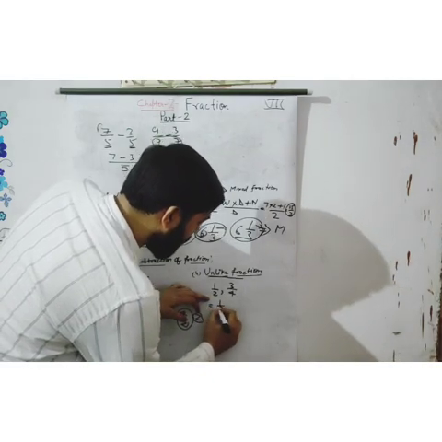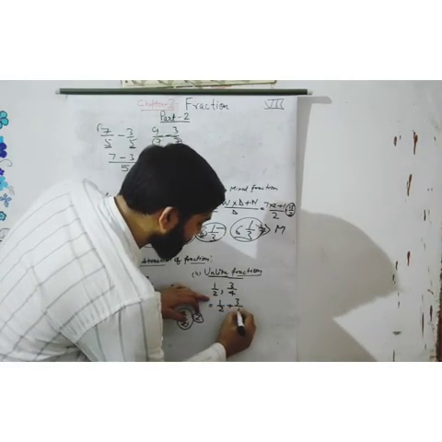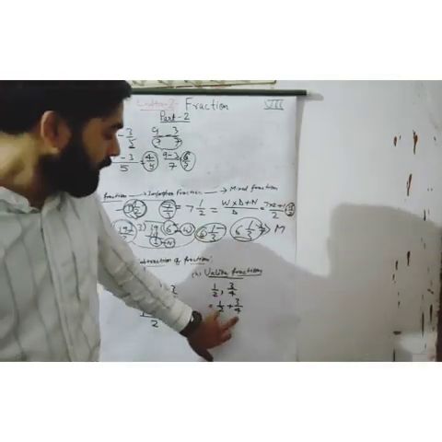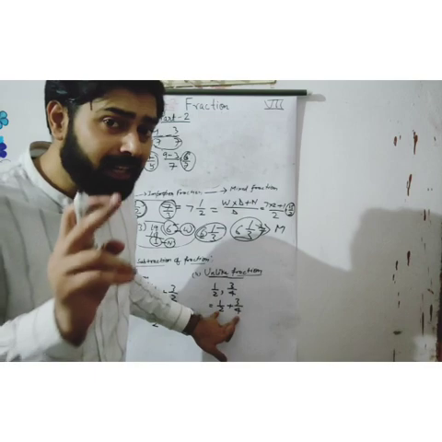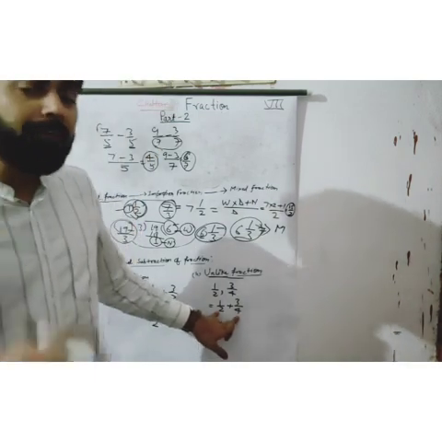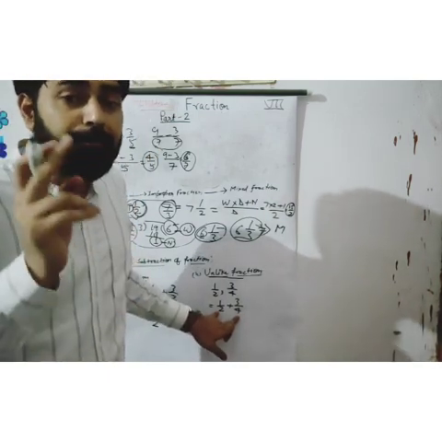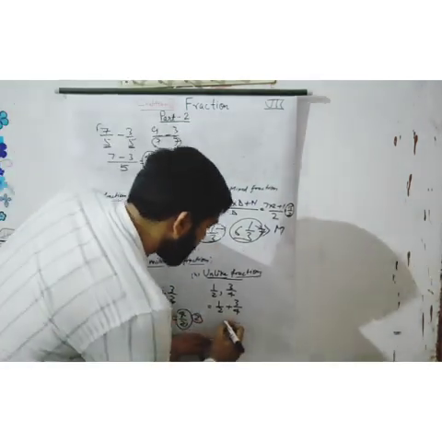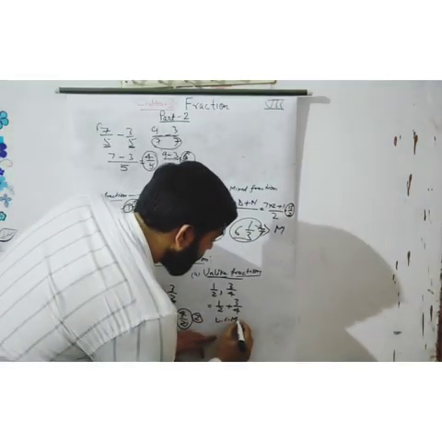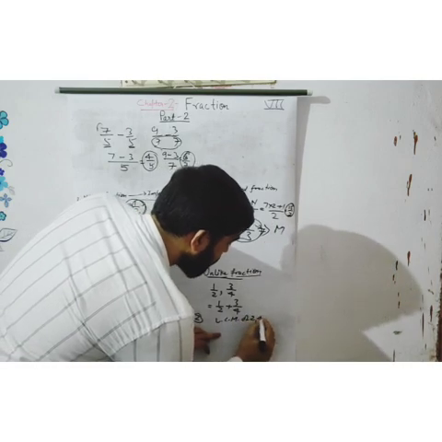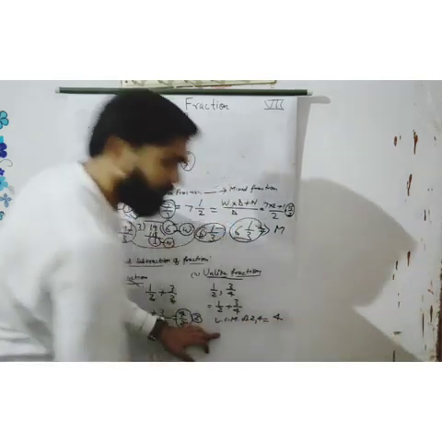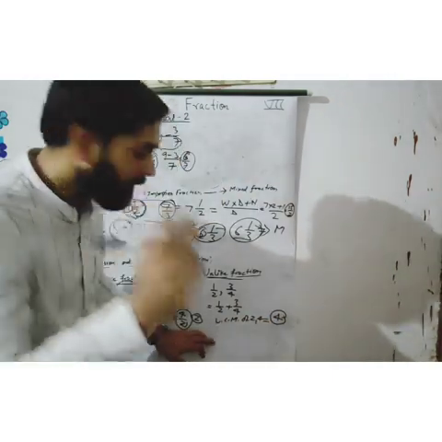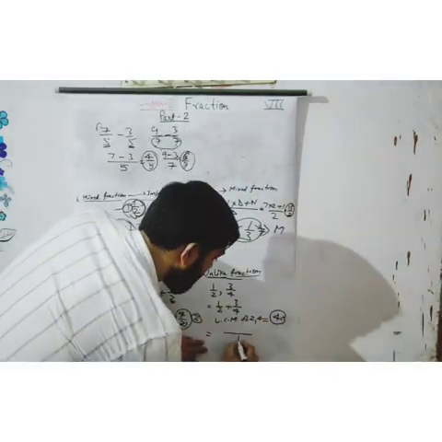Firstly, 1 upon 2 plus 3 upon 4. We match the denominators, and they are different. If we have different denominators, firstly we find the LCM of the denominators, and you know how to find the LCM. The LCM of 2 and 4 is 4. We write this LCM as the common denominator 4.